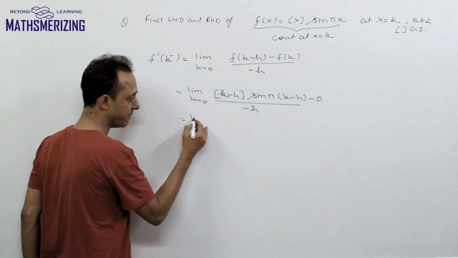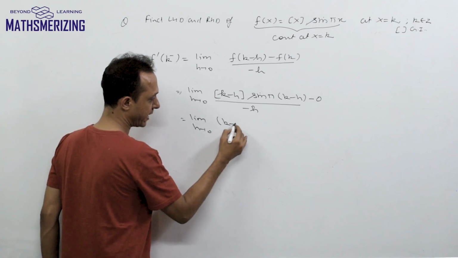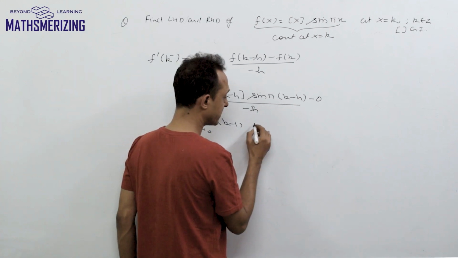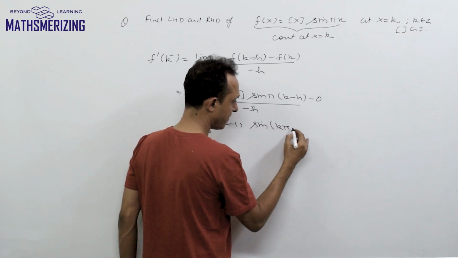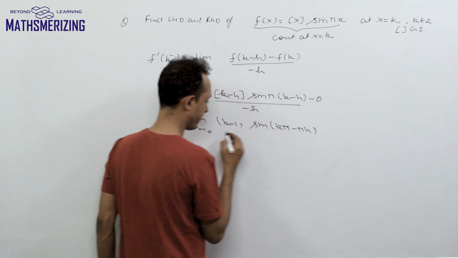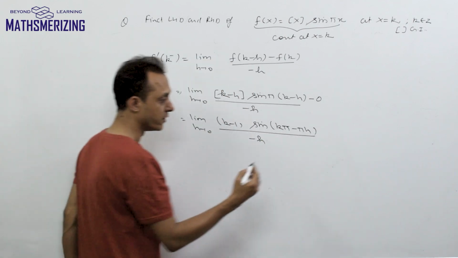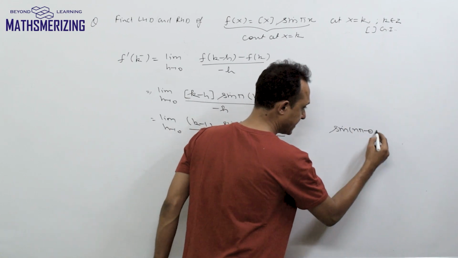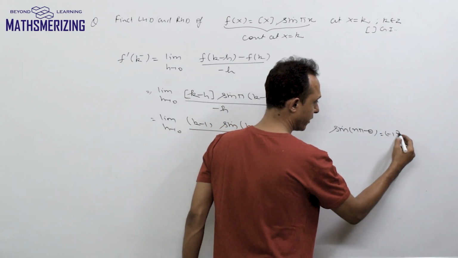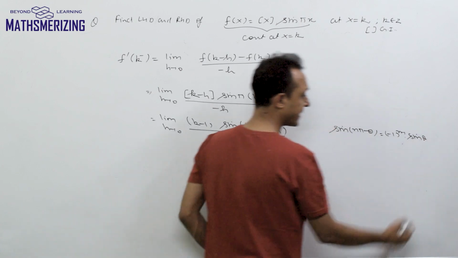Now what I know is greatest integer function of k minus h is k minus 1. So I can write it as limit h tends to 0, and this is k minus 1, and this is sine of k pi minus pi h upon minus h. Now what we know is sine of n pi minus theta is minus 1 to the power n minus 1 into sine theta.